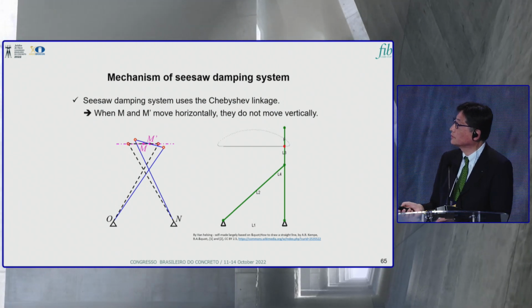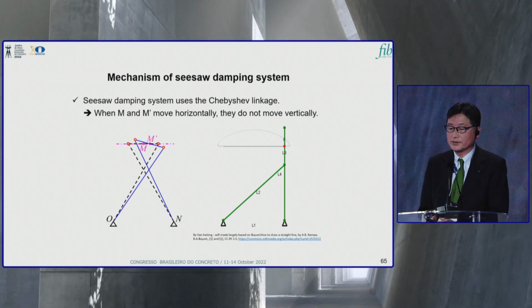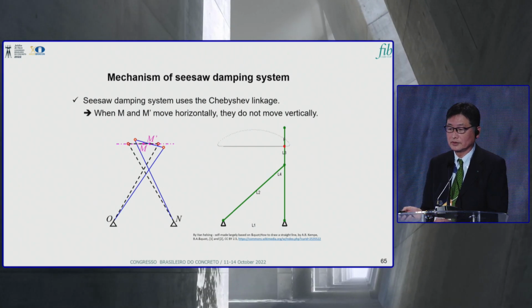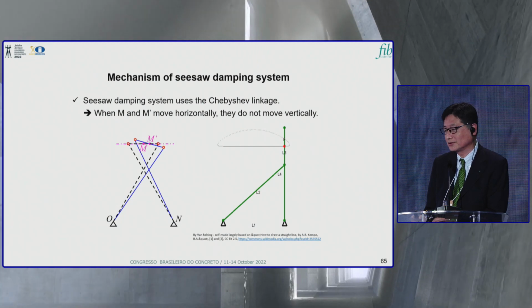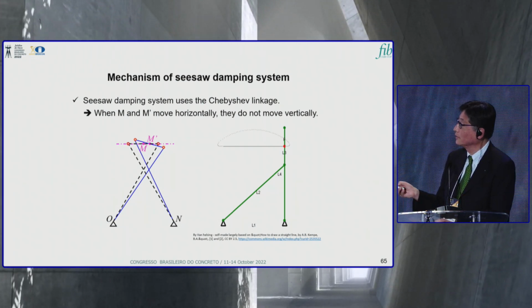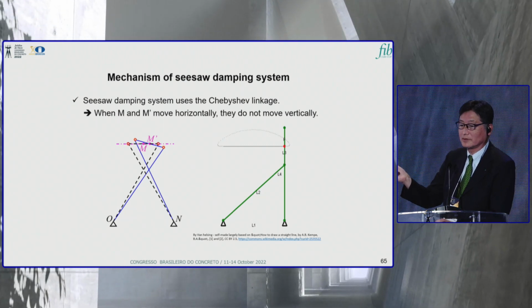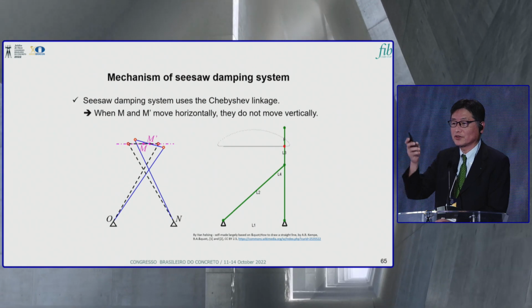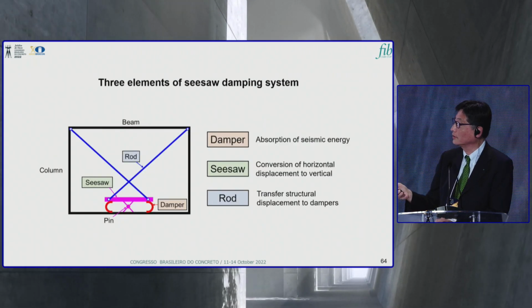So this is the Chebyshev linkage, which I didn't know before this R&D, but this is a very famous mechanism because this endpoint never moves vertically.